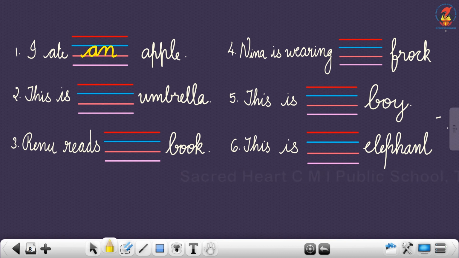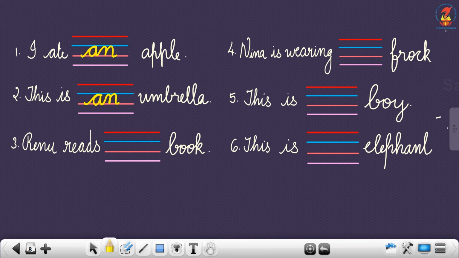The next one, this is dash. You can see I have given the picture of an umbrella. Umbrella is beginning with U, and U is a vowel sound, and so you should write the article an. This is an umbrella. Okay, repeat.